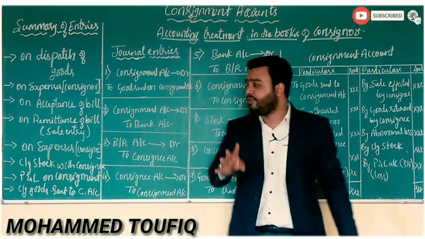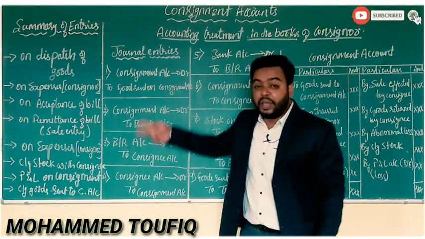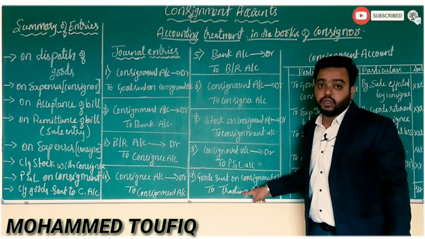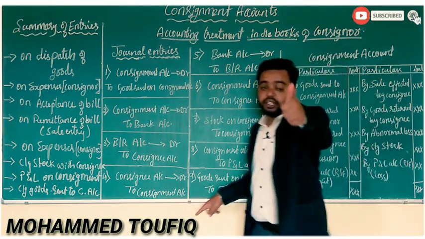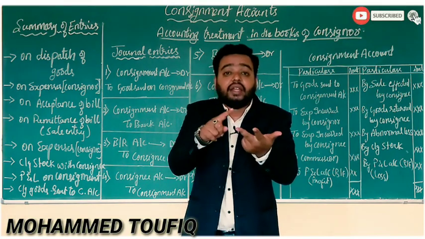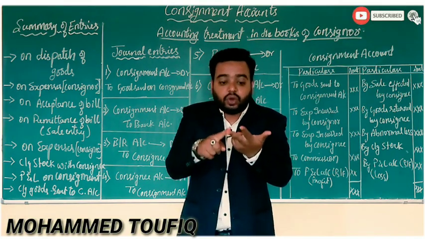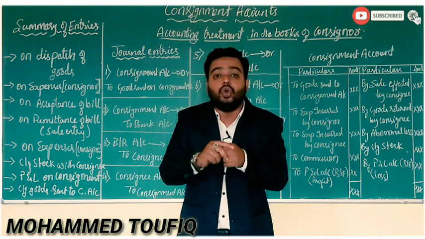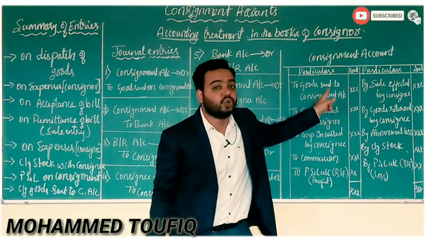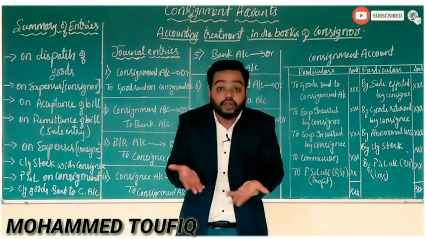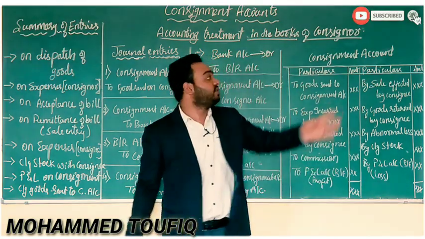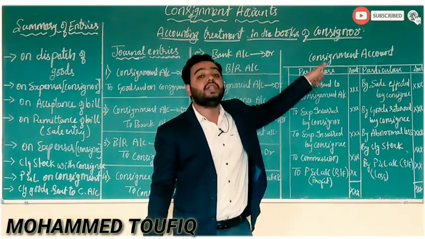Dear students, you have to exclude the bills entries and the last entry, goods sent on consignment: bills acceptance, bills remittance, and goods sent on consignment account. If you exclude these three general entries, then the remaining general entries are nothing but the consignment account which you have to prepare. So this accounting treatment you can understand with the help of these general entries, and also with the help of a consignment account.